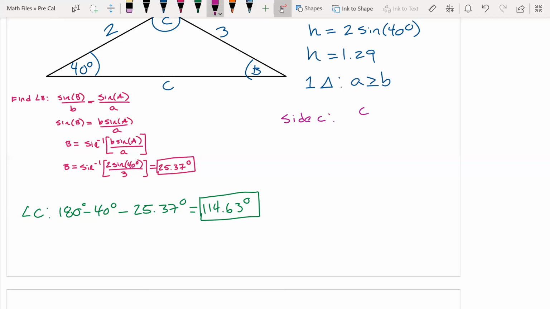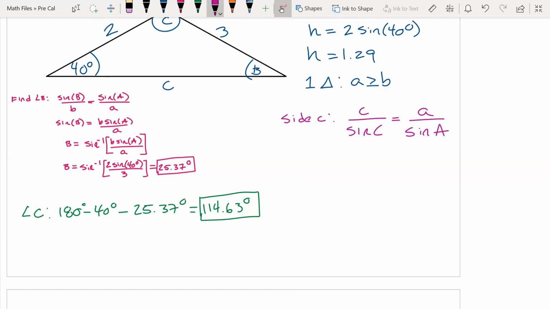Which will have C over sine C equal to A over sine of angle A. Okay.